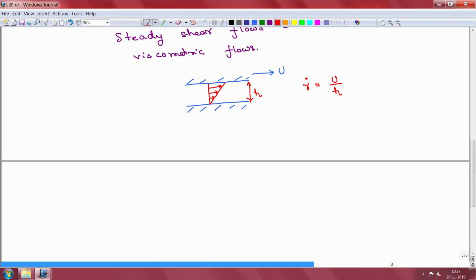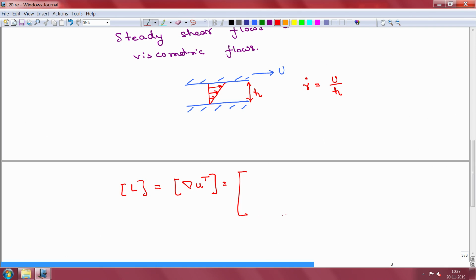Now, when you have this kind of simple shear flow, your velocity gradient tensor, if you calculate it, this is simply the gradient of this quantity.